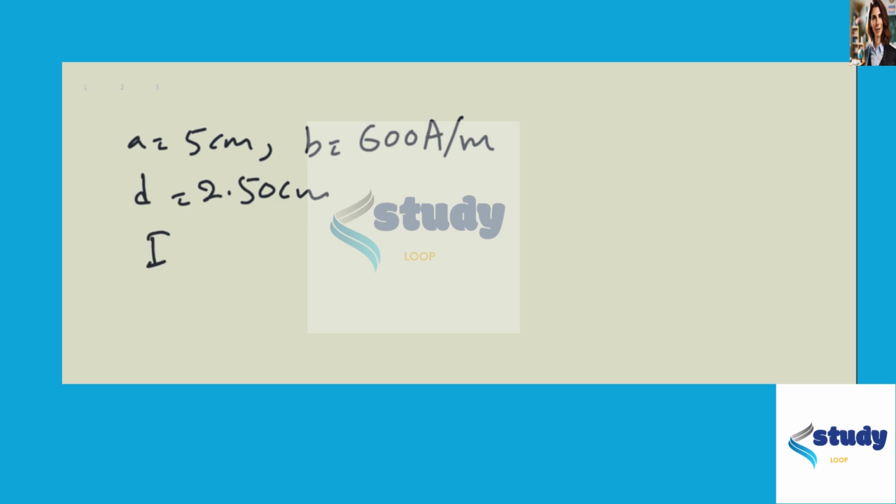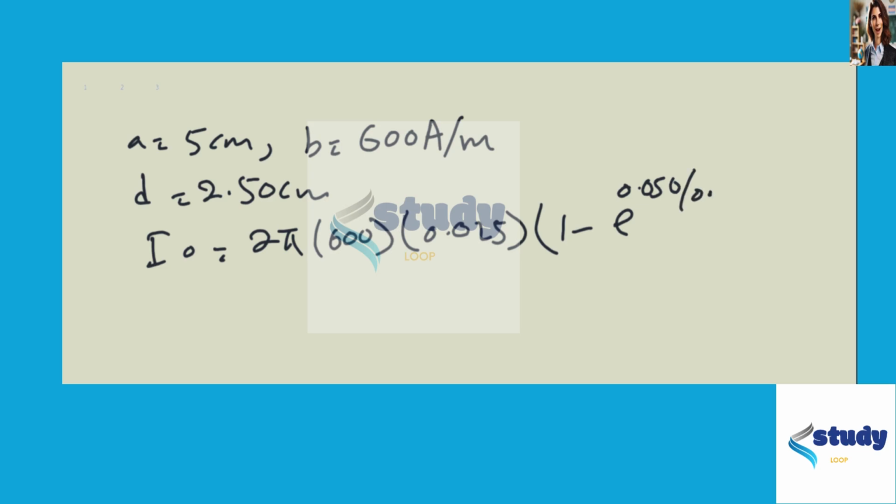We substitute those values and find I naught to be 2 pi times 600 times 0.025 times 1 minus e exponential 0.050 over 0.025. This gives us the current I naught of 81.5 ampere.